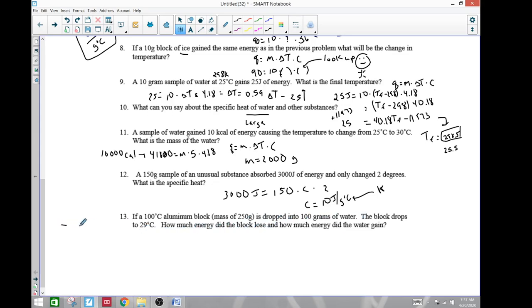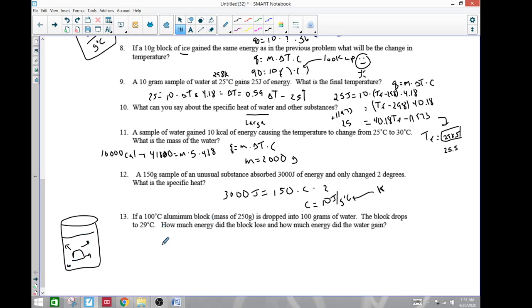So we have a situation where we have a sample of water, and the block is dropped into this, and it radiates energy out. So all energy lost by the block is gained by the water, so it's the same number.